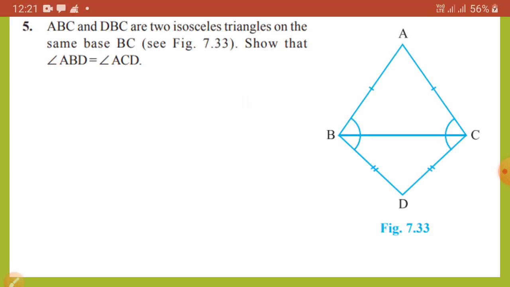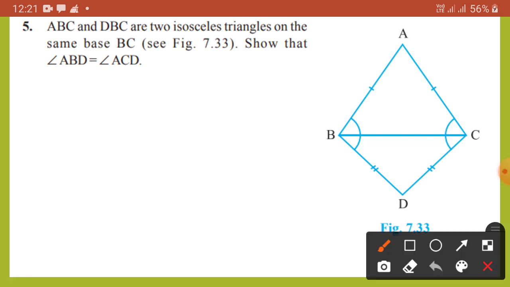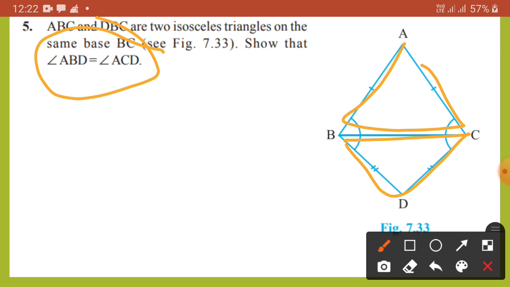Next question. Now question number 5. Question number 5 says that ABC and DBC, that means this triangle and this triangle, are two isosceles triangles on the same side of BC, so that angle ABD is equal to angle ACD.